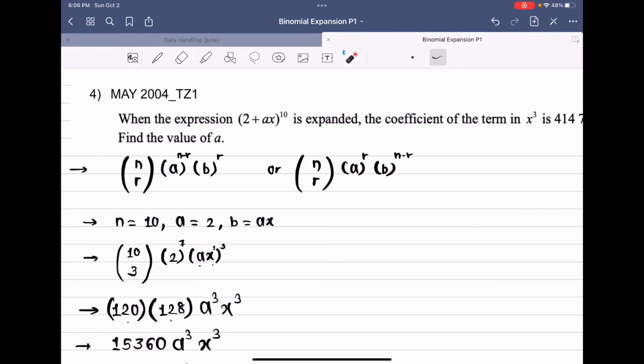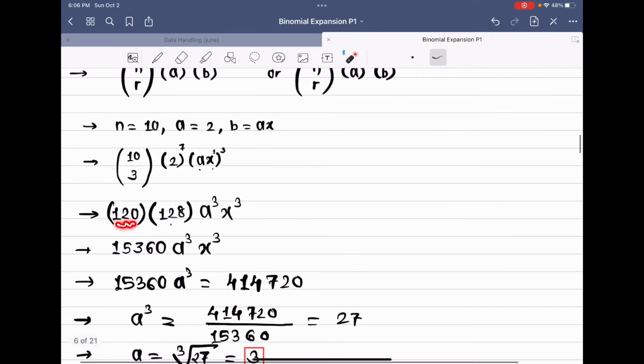10C3, use your calculator. By using the calculator nCr way, you will get 120. 2 raised to 7 is 128. (ax) raised to 3 is not ax cube, it is a raised to 3 as well as x raised to 1 raised to 3. a raised to 3 is a cube, x raised to 1 raised to 3 is x cube. Now simplify. 120 times 128 is 15360 a cube.